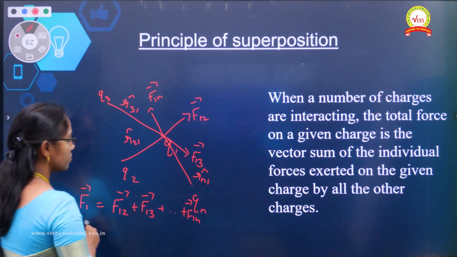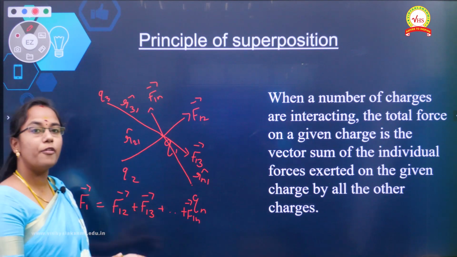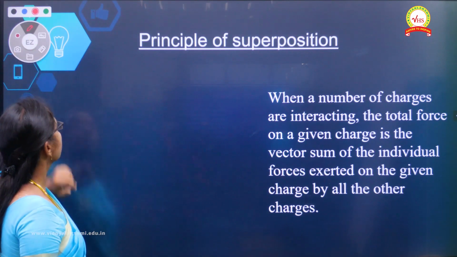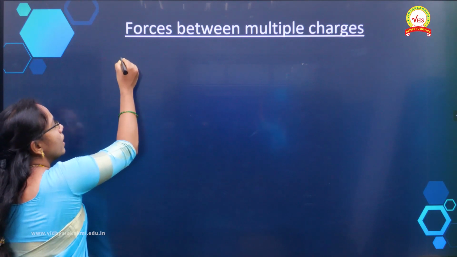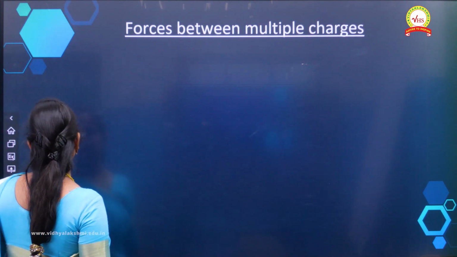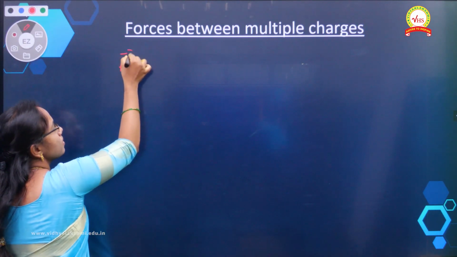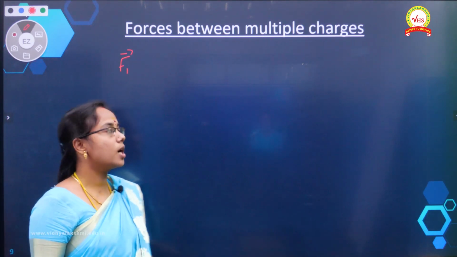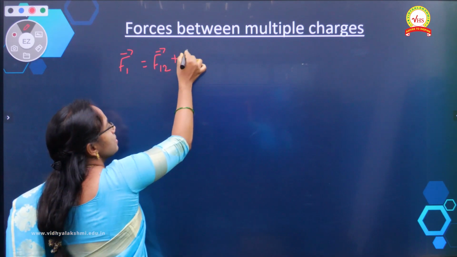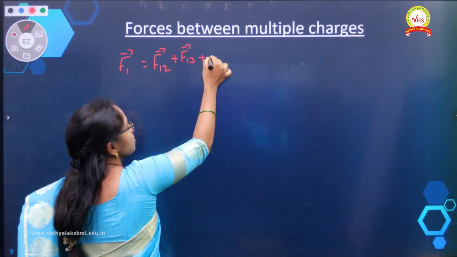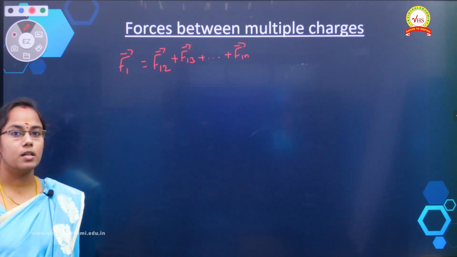This will be the total amount of force exerted on charge Q1.